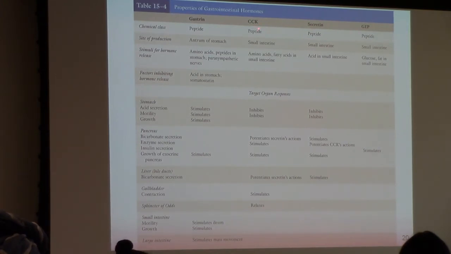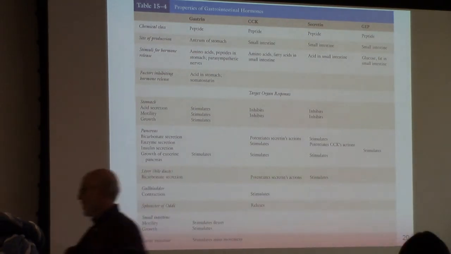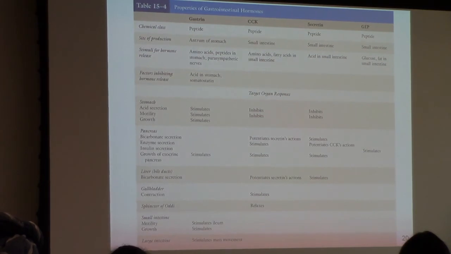On Thursday, we're going to talk about two more hormones that are essential for pancreatic secretions and also essential for inhibiting stomach secretions. So I'm just introducing two more words that we're going to be talking about on Thursday. CCK, which stands for cholecystokinin.